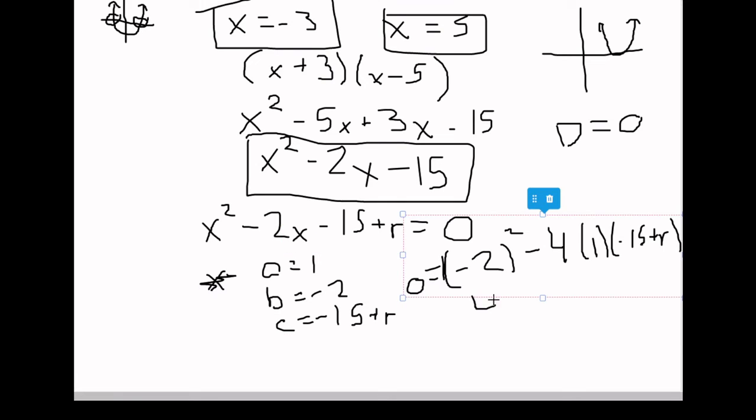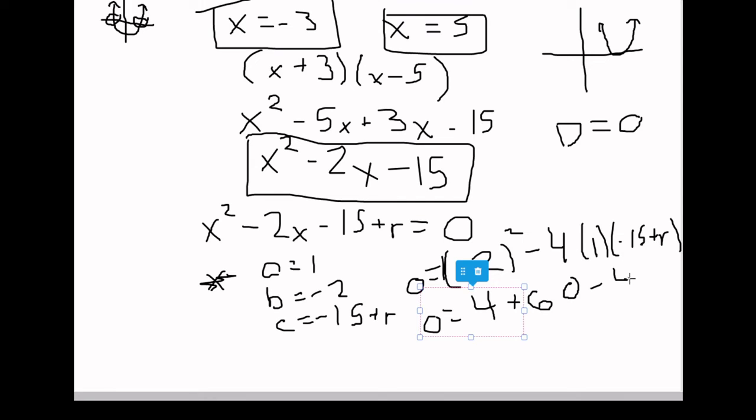-2 squared is 4, still equals 0. And we have -4 times 1 is -4. -4 times our -15, let me pull out my calculator. That is 60. So that's going to be plus 60. -4 times r is minus 4r. So, simplify some of this.